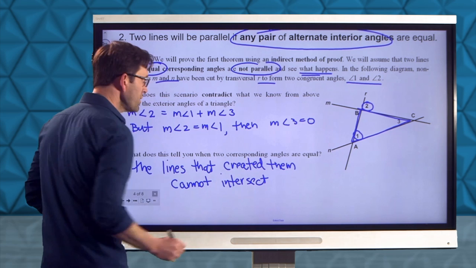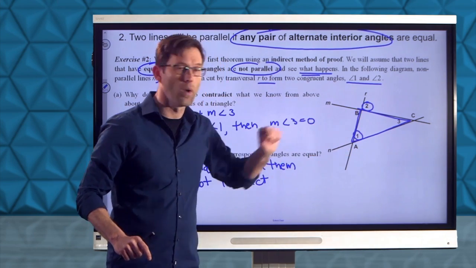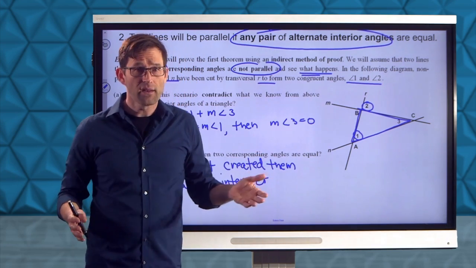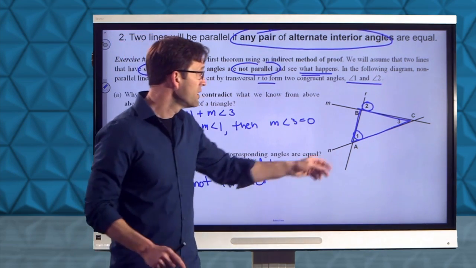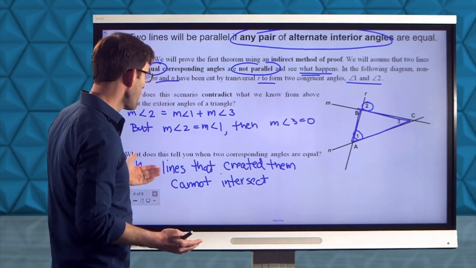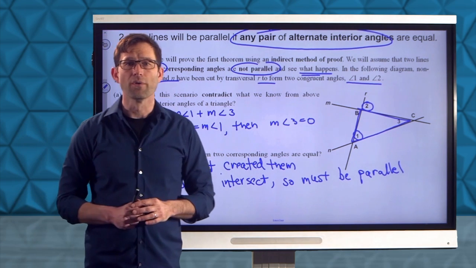So in this case, line M and line N, the lines that created angles 2 and 1, along with the transversal, of course, those lines can't intersect, because if they do intersect, then those corresponding angles can't be equal. Well, the lines that created them can't intersect, so they must be parallel. All right? And that's kind of a neat result.